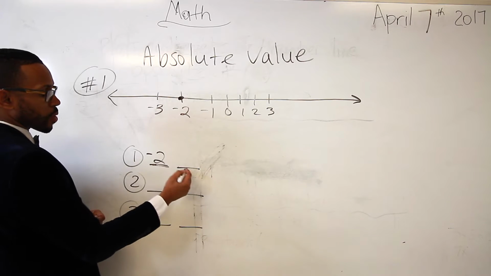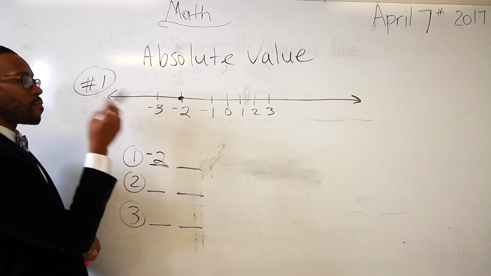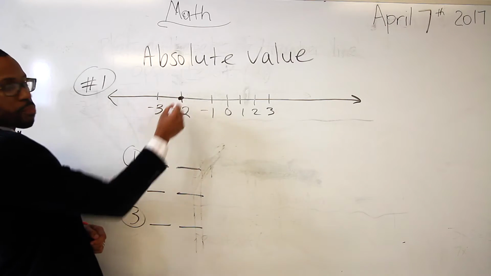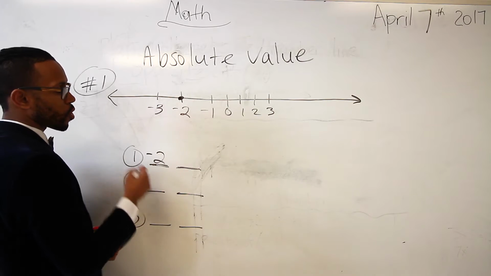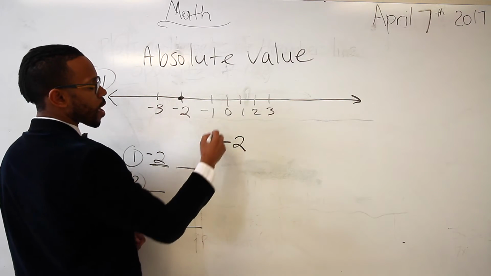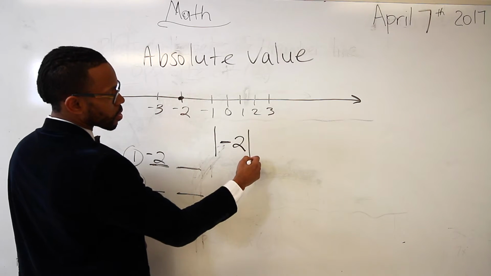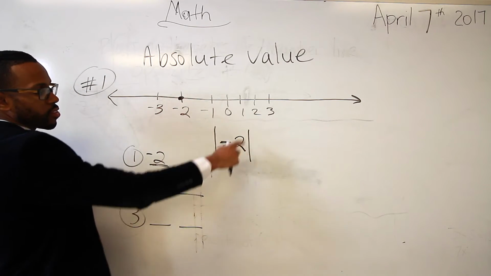And then for the next space, it would ask you something like, what is the absolute value of this point? Okay? So the absolute value, remember, is always positive. And this is how we write absolute value for a particular number: it has these 2 lines here. The number is inside these 2 lines.